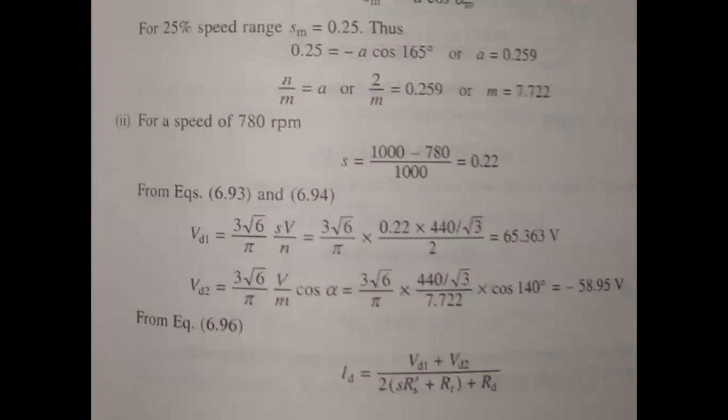Okay, so write down the formulas. S is equal to, synchronous speed taken as 1000, and we have to find out at speed of 780 rpm. So 1000 minus 780 by 1000, that is equal to 0.22. And VD1 is equal to 3 root 6 by pi S V N by N, and VD2 is equal to 3 root 6 by pi V by M cos alpha.